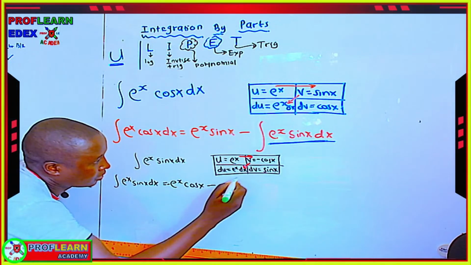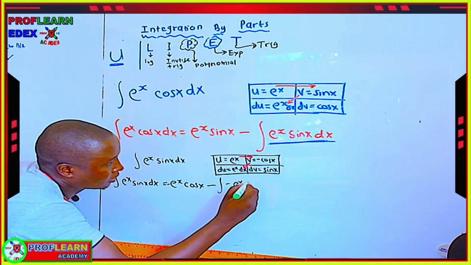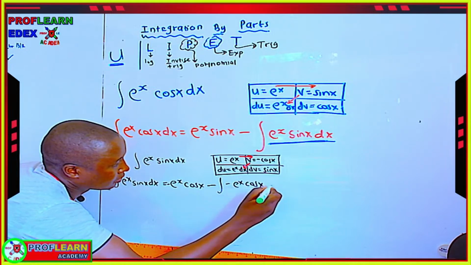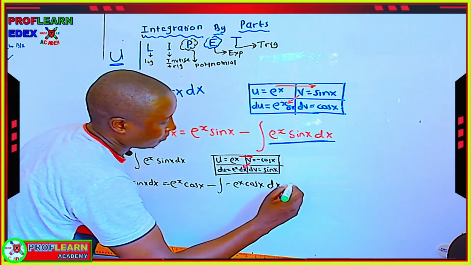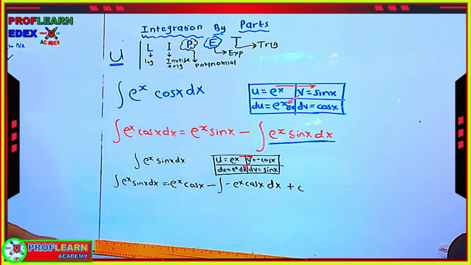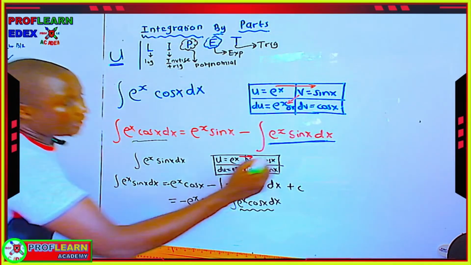Diagonally, we subtract this, and this will be the integral of negative e^x cos x with respect to x. Okay, then we say plus c. All right, because we were integrating, isn't it? Then this is exactly what we were having.